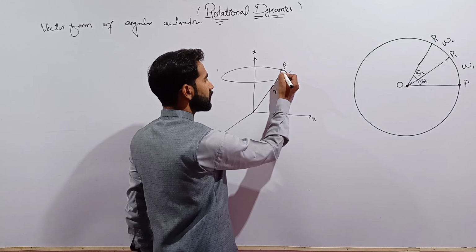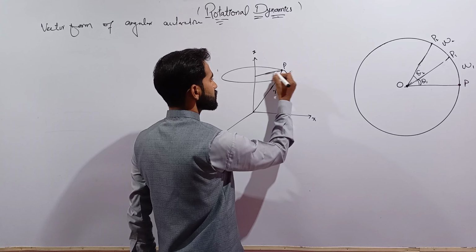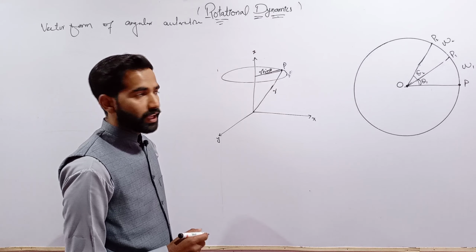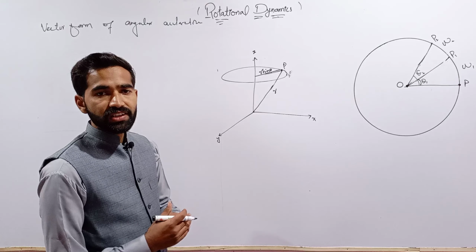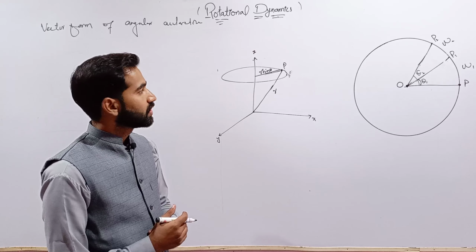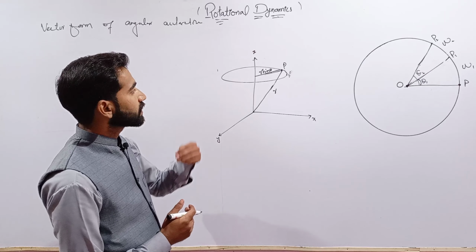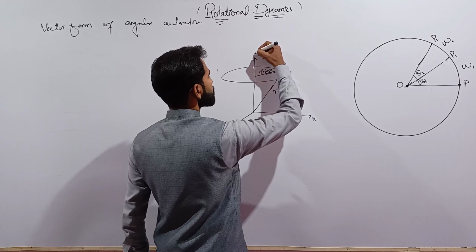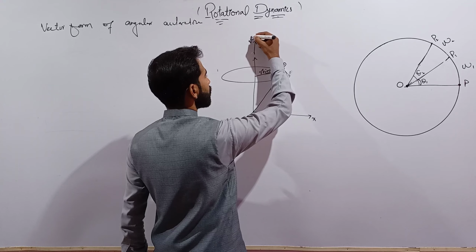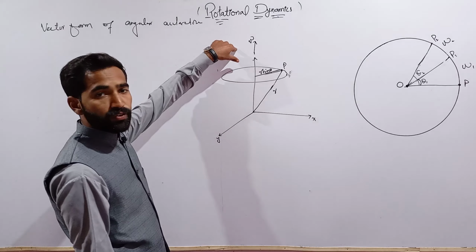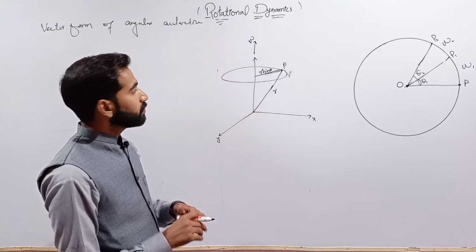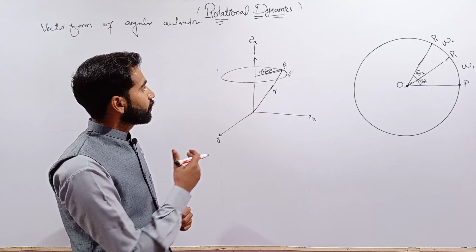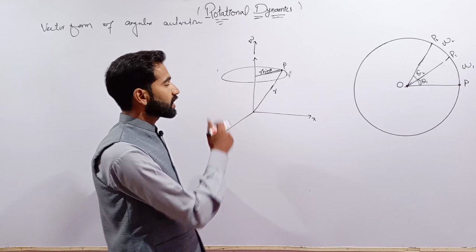First, we represent the radius as r sine theta. As we know, the direction of angular velocity is always vertical. How do we find the direction of angular velocity?